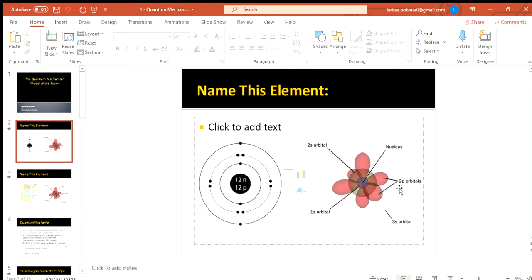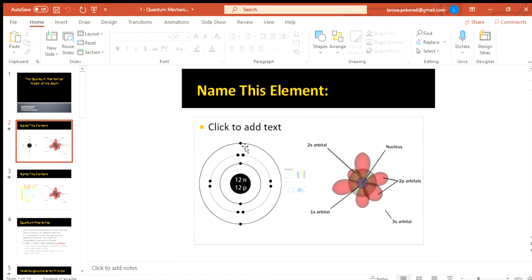As we get into higher numbers, we're now in 3s. All the s's seem to be spherical, right? So 3s is no different, and it's much bigger. So it's higher energy, just like when we got much bigger here.